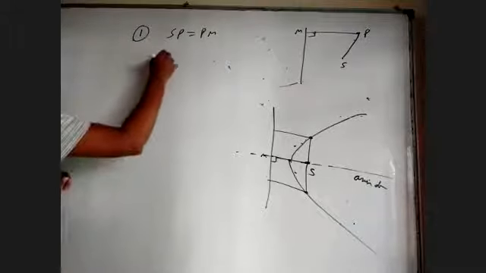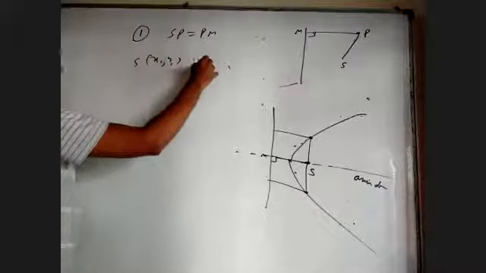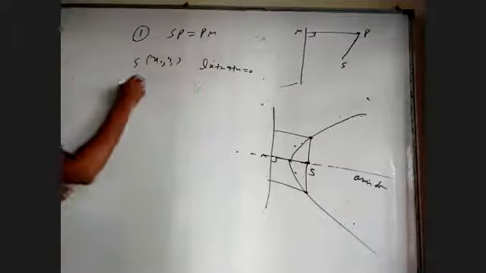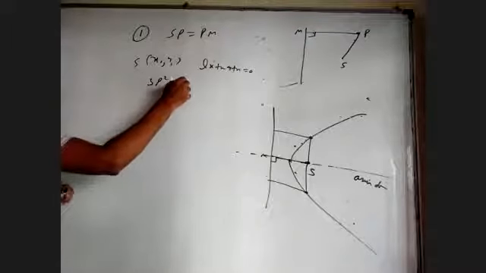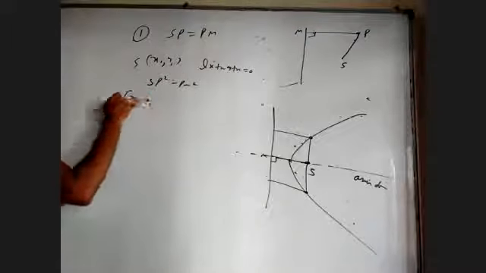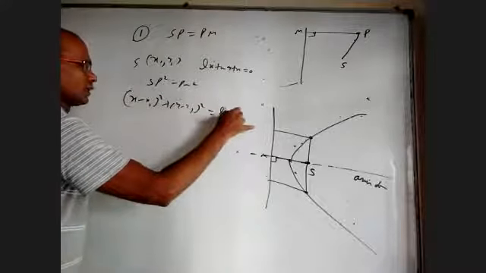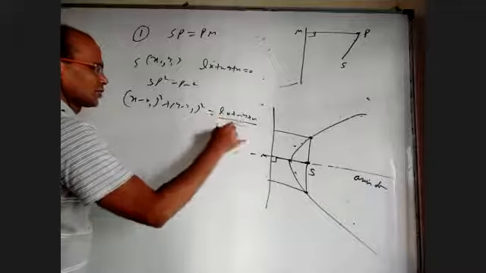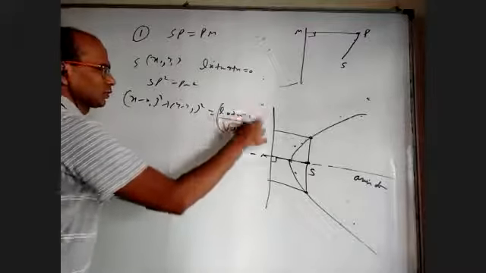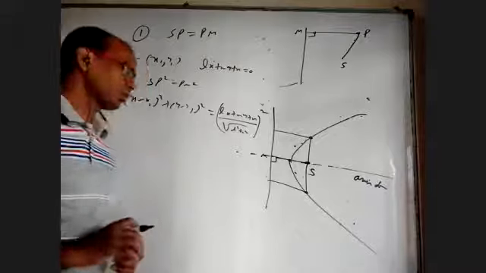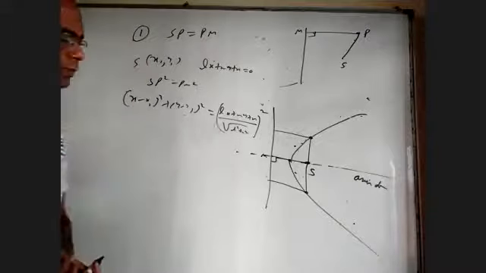If the focus is (x1, y1) and the directrix is lx plus my plus n equal to 0, going back to the original definition, SP square equals PM square: (x minus x1) whole square plus (y minus y1) whole square equals (lx plus my plus n) by root of (l square plus m square), whole square. This is the fundamental equation of a parabola when we know the focus and directrix.